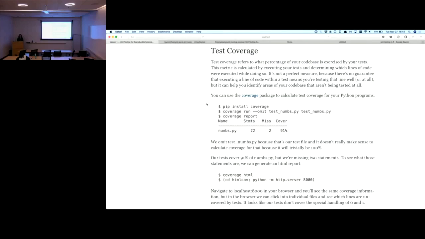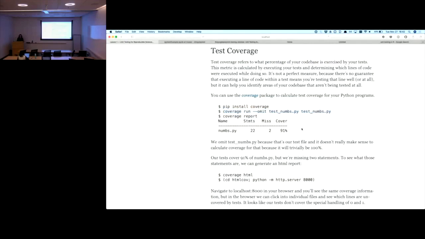And so we can get a coverage report. The package is called coverage. It's a really useful Python package, and you can run it straight from the command line like this. Remember we had our test file right next to our module, and so I tell coverage to omit the test file because I don't need coverage for my test file, since it's clearly going to be 100% because every line of my test file is going to get executed when my tests are executed.